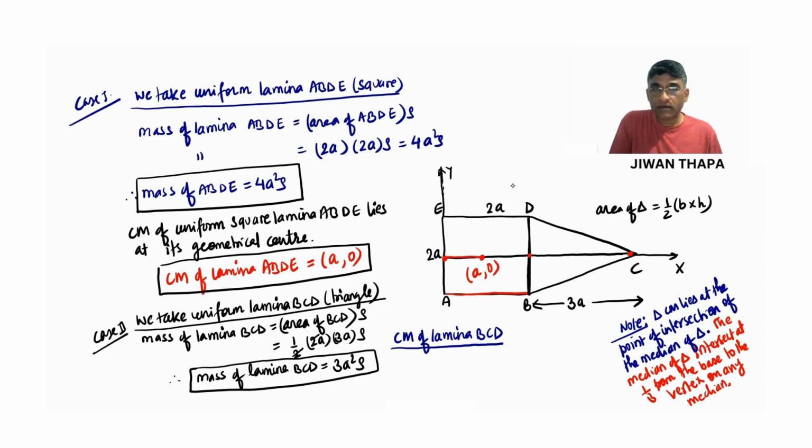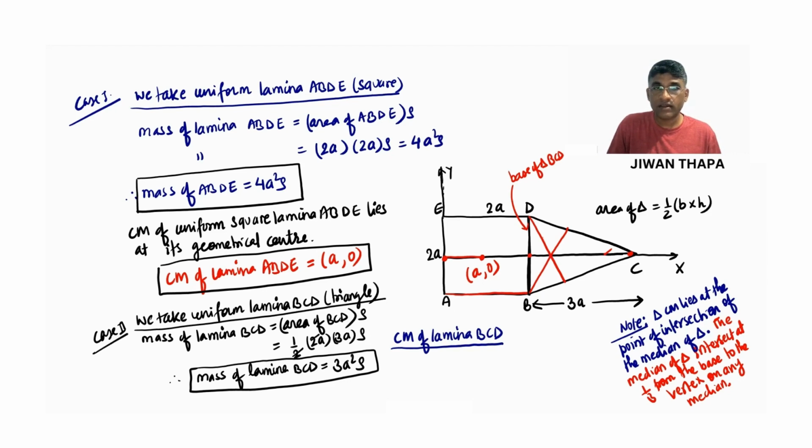Now this is the base of the triangle, the base of triangle BCD. I can draw the median also in this way. So this median, this median and this median, they intersect at this point, okay. So the center of mass of this uniform triangle lies at this point.